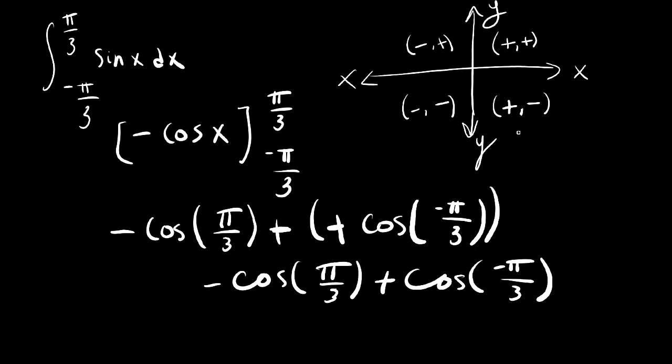So, knowing this information, for cosine of pi by 3, we know that this is pi by 3 and this is negative pi by 3, right? And pi by 3 is basically 60 degrees, from radians to degrees. And the formula for that, I'm just going to write that here.